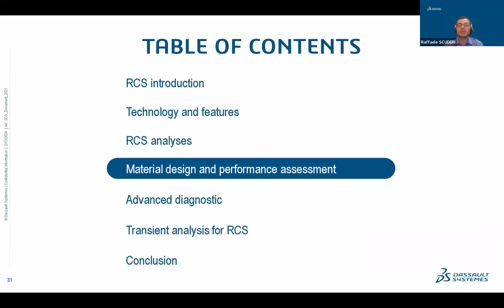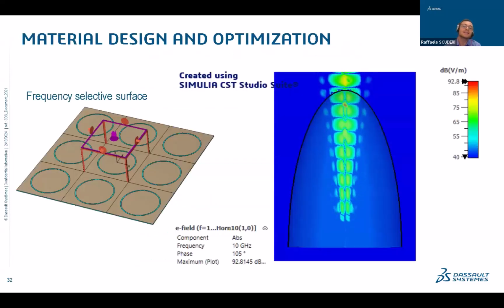And I already briefly mentioned the effect and the importance of having different materials in the application of the materials. So let's have maybe a closer look. CST Studio Suite offers dedicated tools for the analysis, design, and optimization of different kinds of materials. And whether we are talking about metamaterials, radar absorbing materials, frequency selective surfaces, we always have an answer for that, and we have the right tool for simulating this kind of materials.